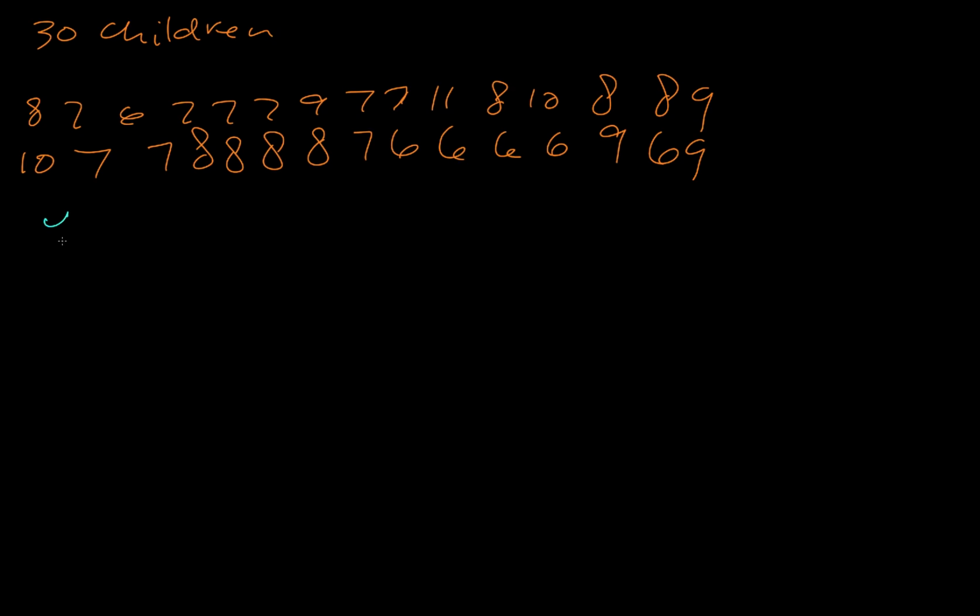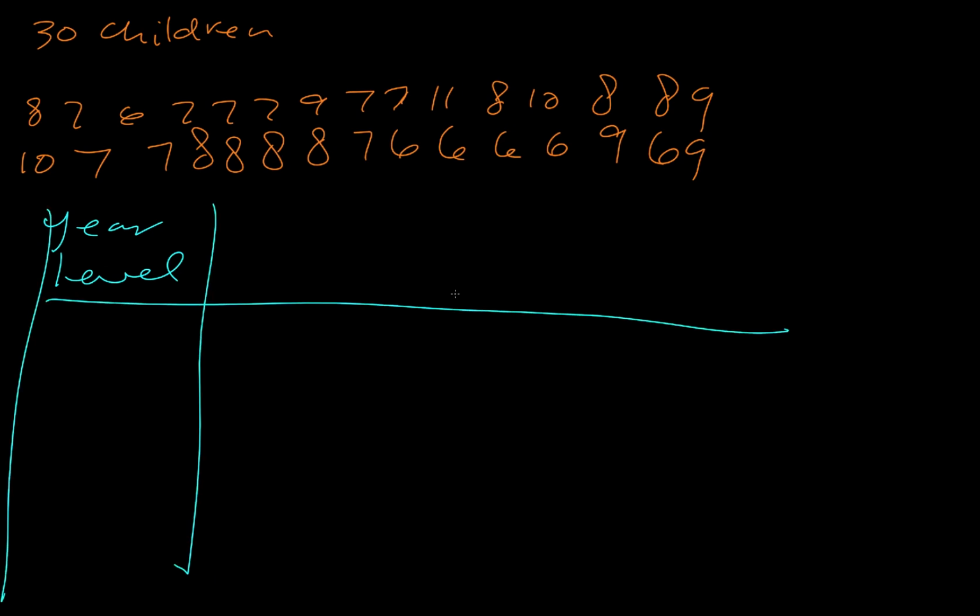Okay, so what we're going to do, we're going to say year level, or you could just say grade. And so all the years that are represented, we have 6, 7, 8, 9, 10, and 11. Now we're going to tally all of this up.